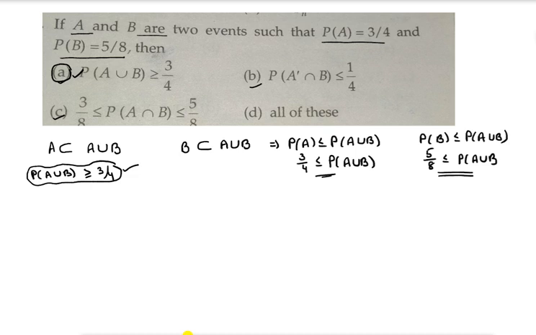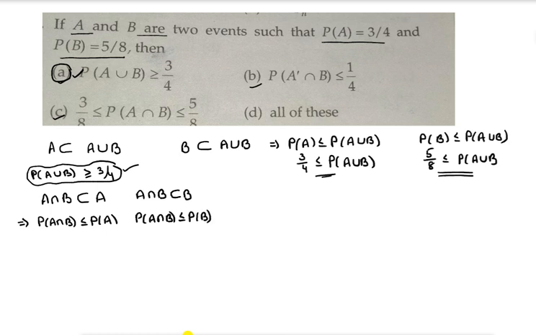Next you can observe here, we know that A intersection B is a subset of A. At the same time, A intersection B is also a subset of B. So that's why I can say P(A intersection B) is less than or equal to P(A), and P(A intersection B) is less than or equal to P(B) also.